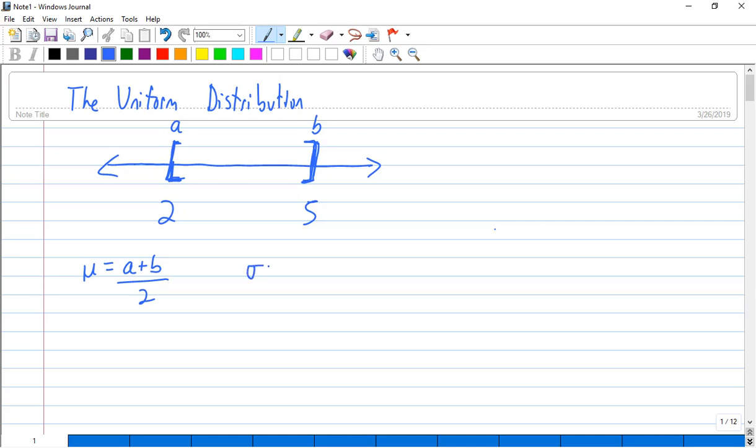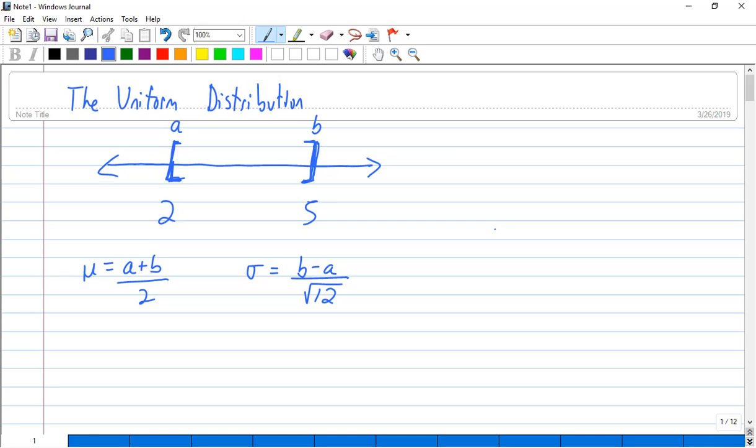Now the standard deviation, just take my word for it, looks a little strange, especially if you're a math person. You always want to know how to come up with every formula. This one is a little tough to explain, because you divide by the square root of 12. Okay?